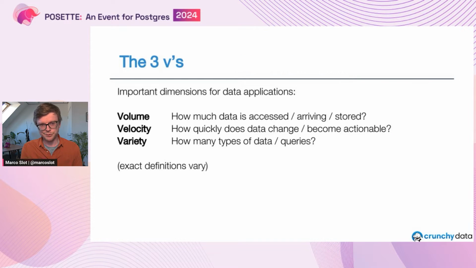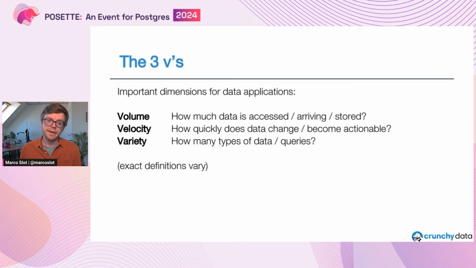Another term that people have used is the 3 V's of data. I find it a bit easier to remember. It's the volume, the velocity, and the variety of the data that can make a data problem hard. So how much data am I storing, ingesting, accessing? That's the volume. How quickly does it change? How fast does the data need to go through the system?